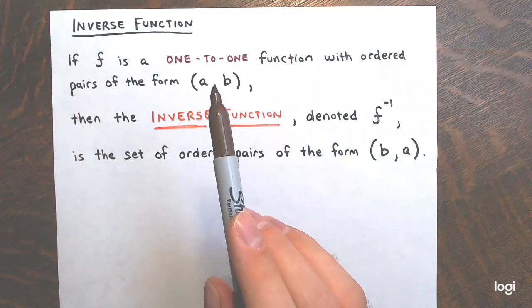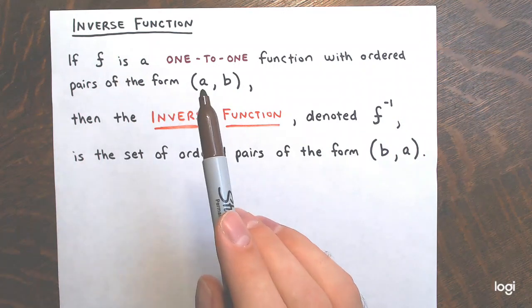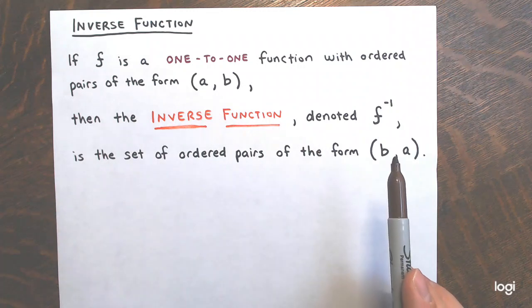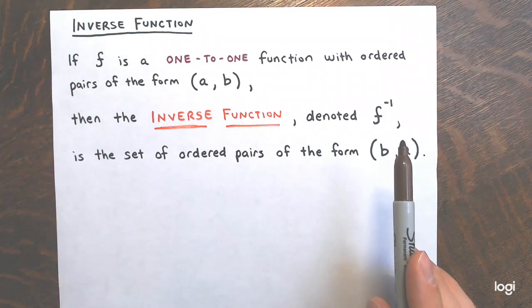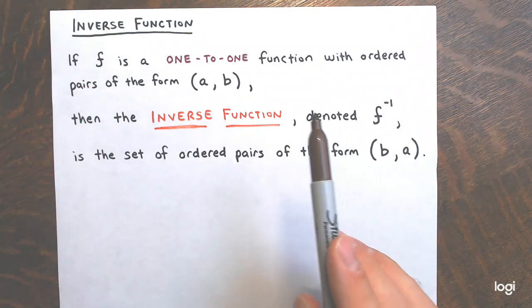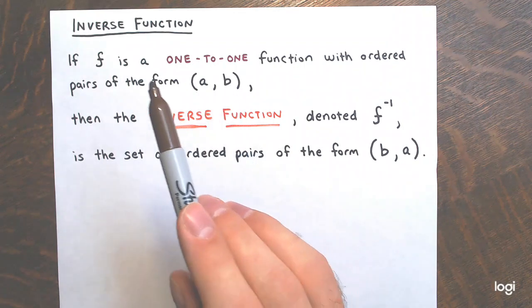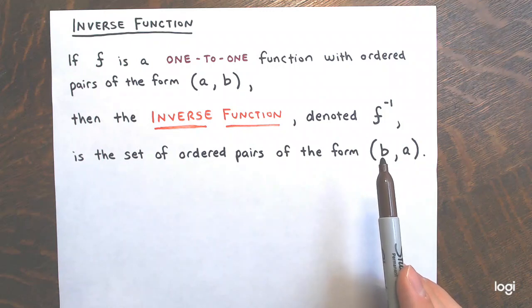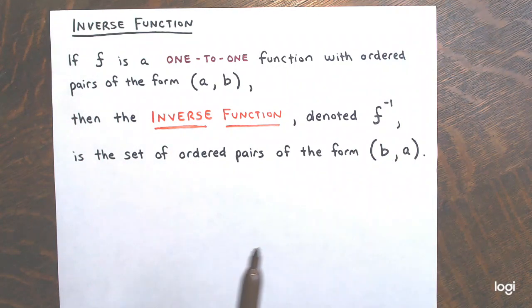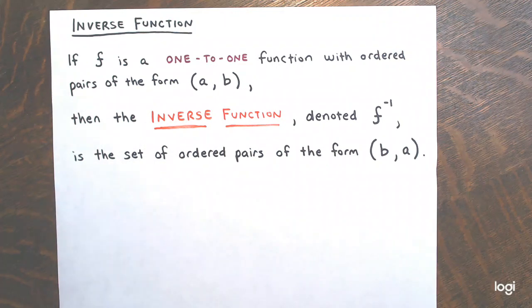Notice how the input of the original function, a, became the output in the inverse function, f inverse. Same for the output of the original function f, the b, which is the input of the inverse function f inverse. So really the ordered pairs just flip, or switch around.